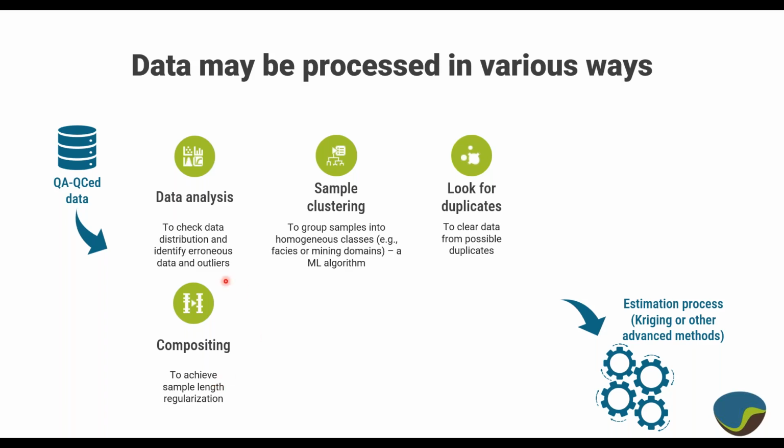So it's usually required to do a compositing step to composite the assay data into regular intervals, so that we have at least approximately a data set that has samples of the same support size, support being the geostats term for the volume on which something is defined. All the grades being defined on the same interval lengths, plus or minus some tolerance.